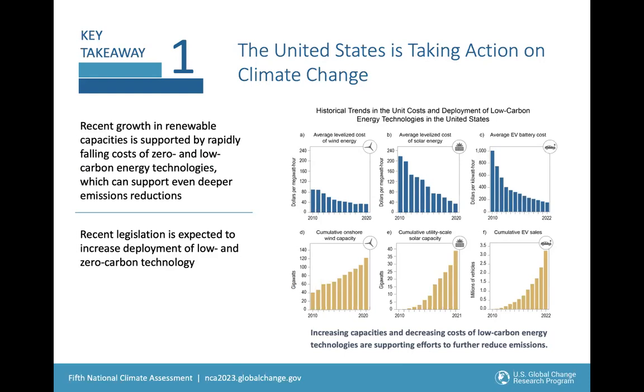Wind energy costs dropped 70% and solar energy costs dropped 90% over the last decade, while 80% of new generation capacity in 2020 came from renewable sources. And recent legislation is expected to further increase deployment of low and zero carbon energy technologies. Next slide, please.